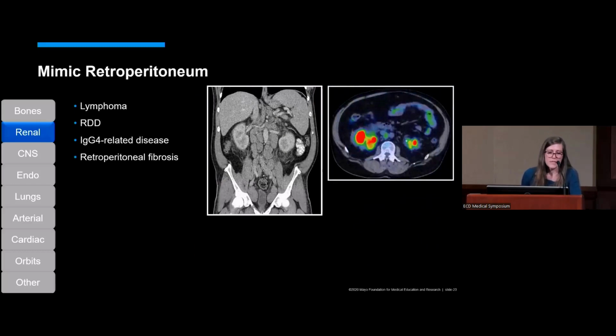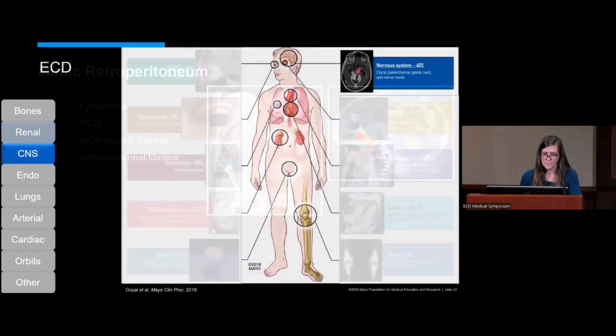Some of the mimics in the retroperitoneum that we talked about were lymphoma and RDD. Other things to consider are IgG4 related disease or idiopathic retroperitoneal fibrosis, which is typically thought to spare the posterior aorta and more often involves the mid to distal ureters.